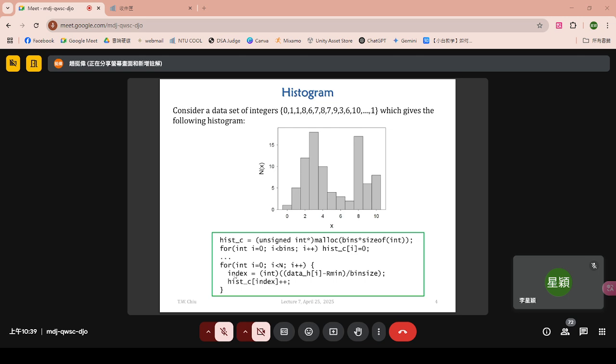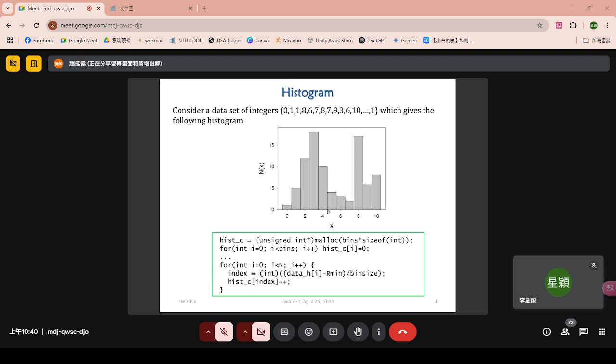And then go through all the data. Suppose I have n data, so go through all the data values. Then take the data minus the minimal value of the data, the range minimum, and then divide by the bin size.